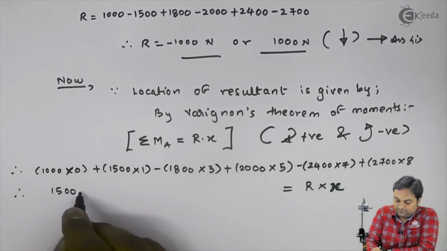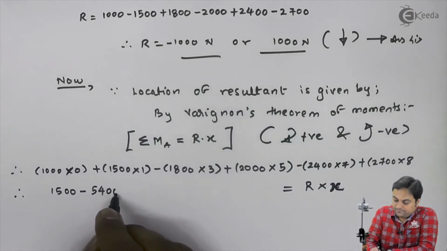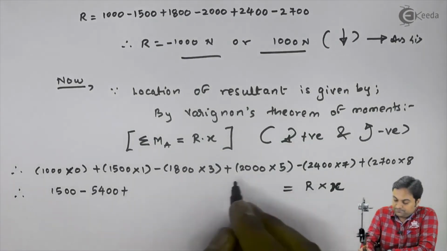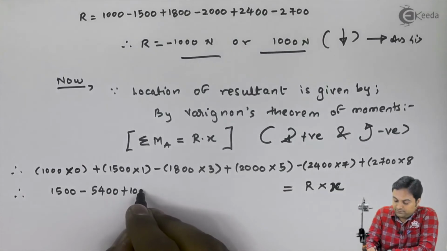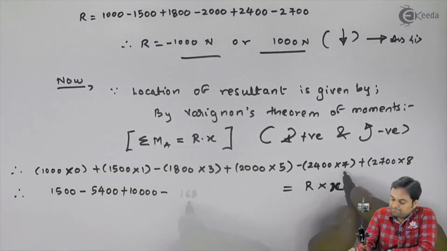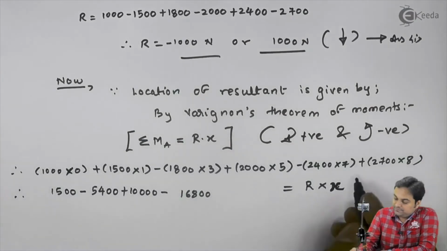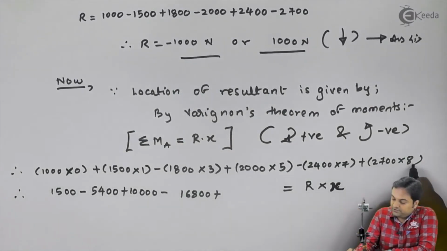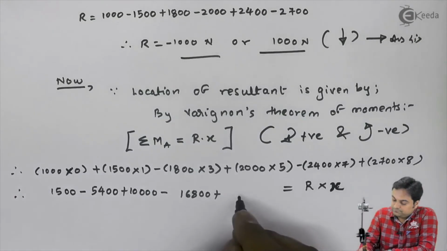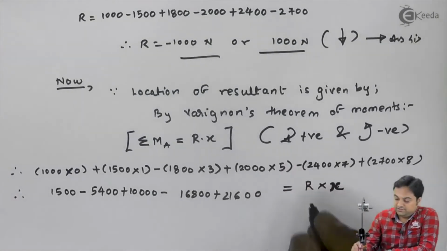So if I go on calculating this will give me 0, 1500, minus 5400, plus 10,000, or 10 into 10 raised to 3 you can say, then minus 16800. At last we are left with 2700 into 8, 21600, and here resultant is 1000.